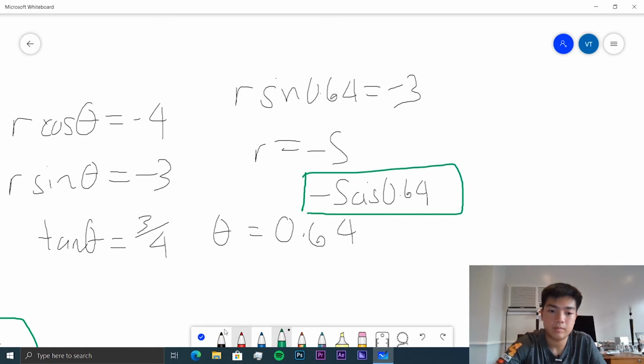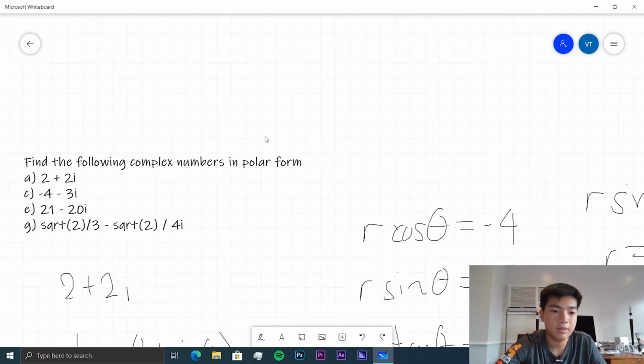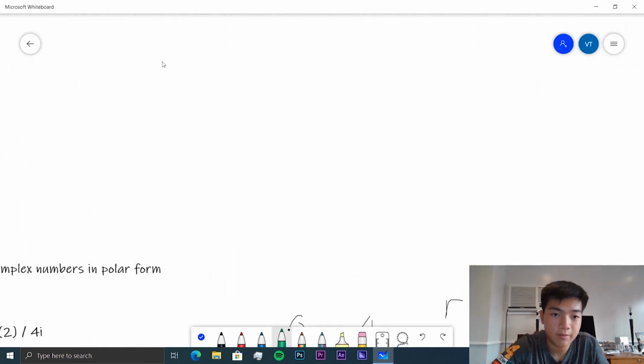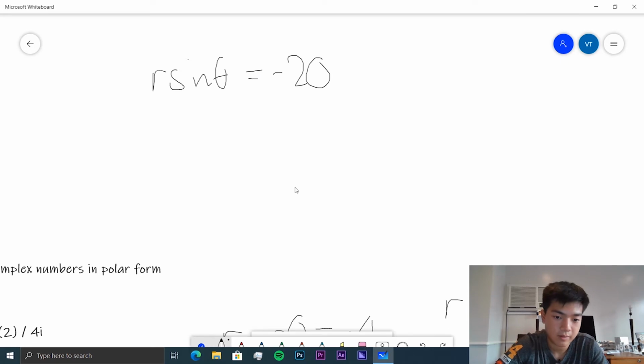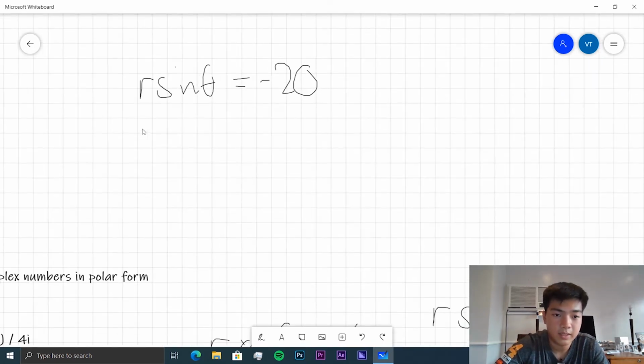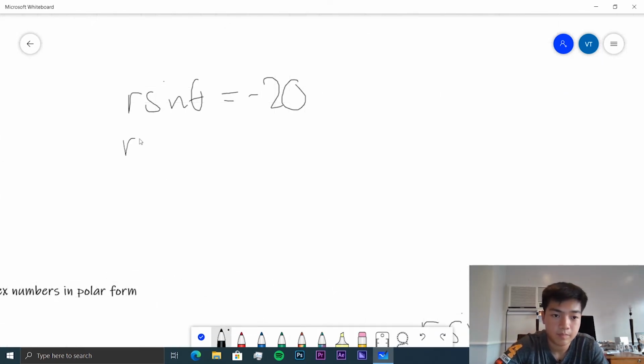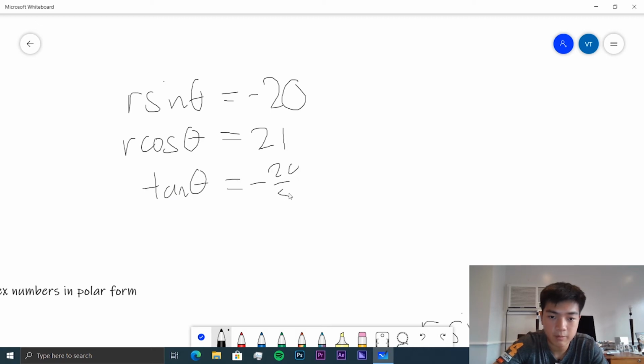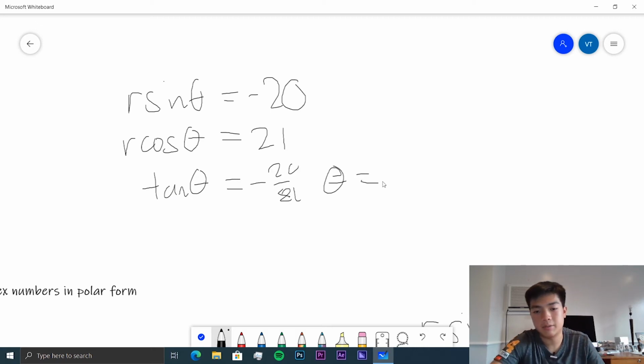Okay, next we have 21 minus 20i. So we have r sine theta is equal to negative 20. r cosine theta is equal to 21. So tan theta is equal to negative 20 over 21. So theta is equal to inverse tangent of negative 20 divided by 21, which is a negative value.